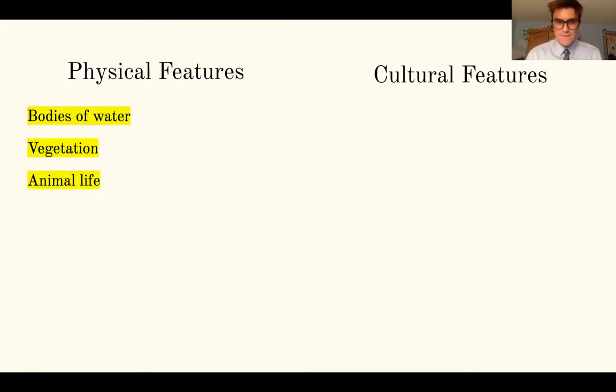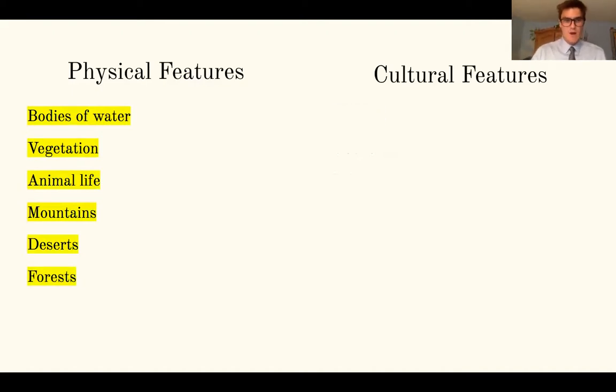All right, everybody, welcome back. Let's go through it here. Physical features include bodies of water, vegetation, animal life, mountains, deserts, forests. All of these things are physical features, naturally occurring.